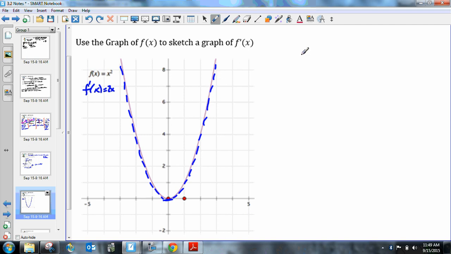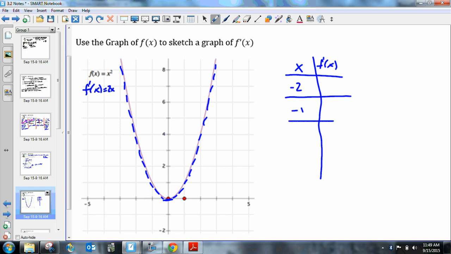So let's do this real quick. Let's actually make a table for x and then f prime of x. I want to look at the x values of -2, -1, 0, 1, and also 2.